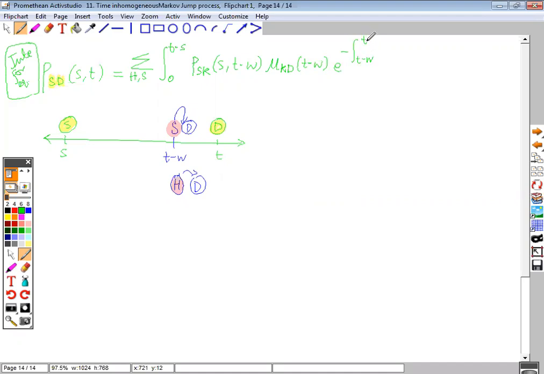Yeah, and then lambda d lambda du, and then t minus W. Perfect, right? Anyone would like to suggest any changes in this?